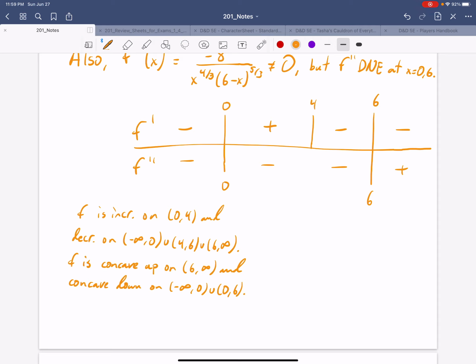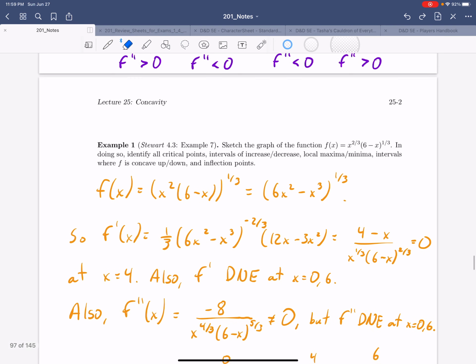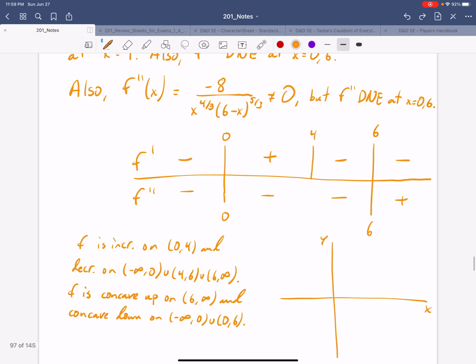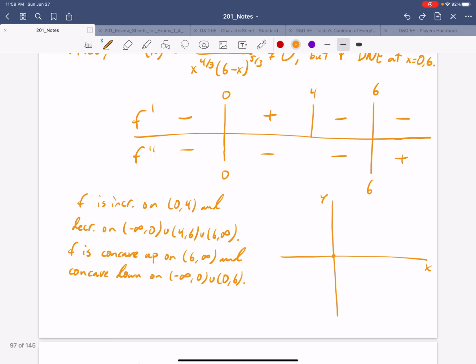Okay? So now in this little bit of space, let's try to draw a graph, right? I'm not sure how obvious this is, but we know that we have a double negative right there. So we've got this sort of curve. We also know, thanks to the way the function was stated originally here, that we have zeros at the origin and at x equals 6.